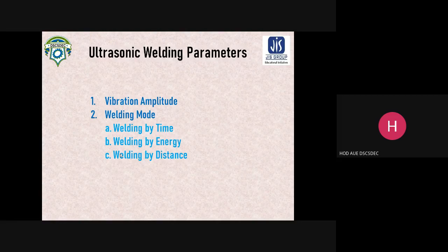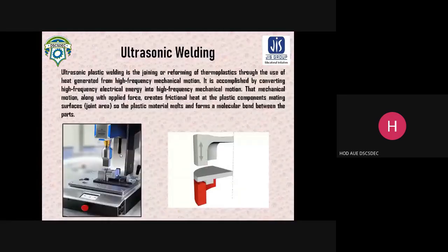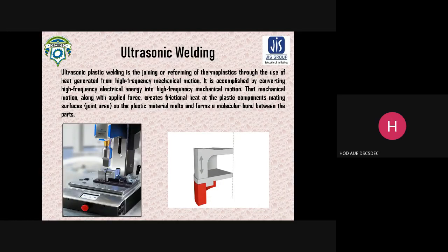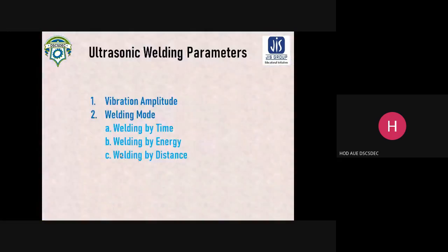This welding horn can move up and down, as I had shown you in the first case. Here you can see the welding horn coming in the downward direction and making contact. Then the ultrasonic vibrations are applied to the assembly for a fixed duration of time.